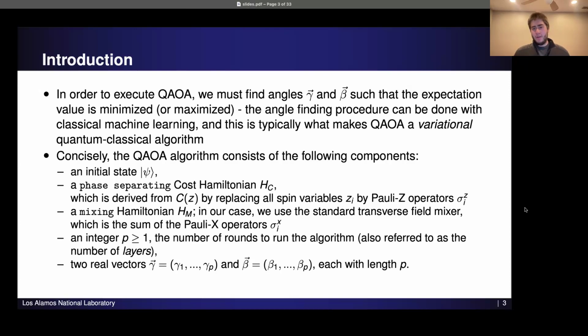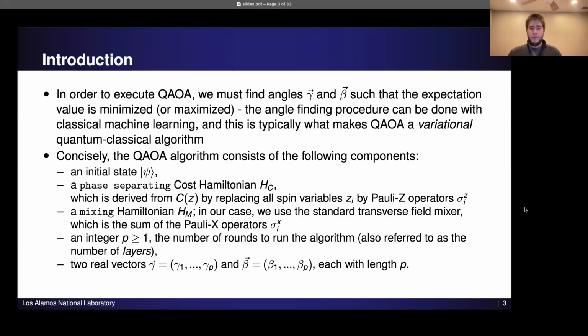So the angle finding procedure can be done with something like classical machine learning, for example, in a loop with some classical optimizer running on a CPU that interacts with some quantum hardware. And this is typically what makes QAOA be referred to as a variational algorithm, a quantum classical hybrid algorithm.